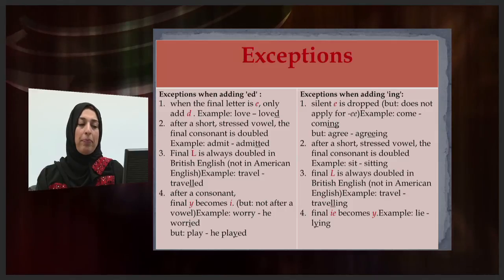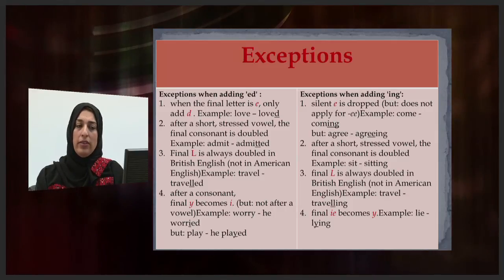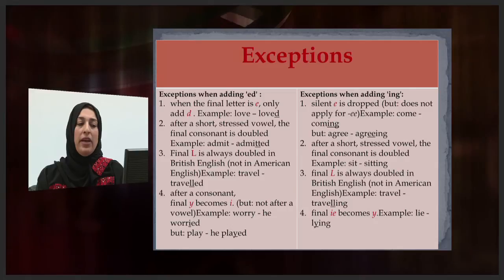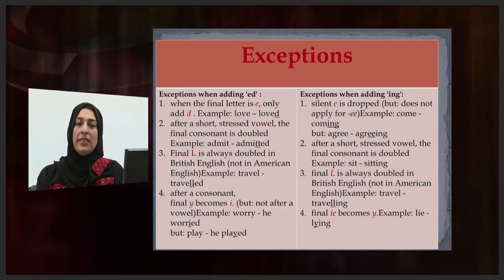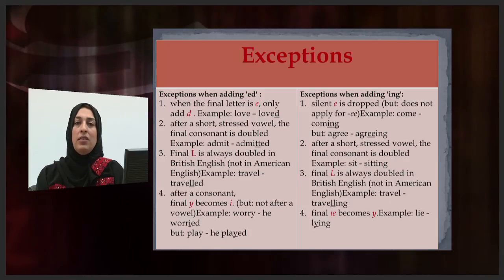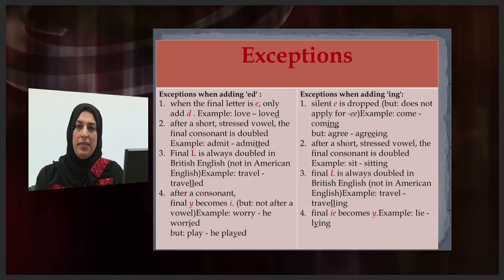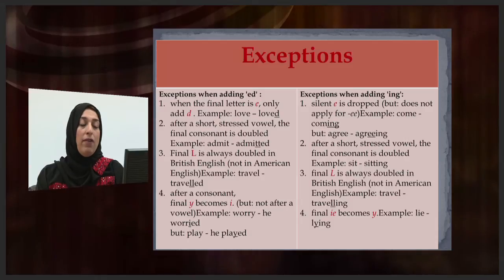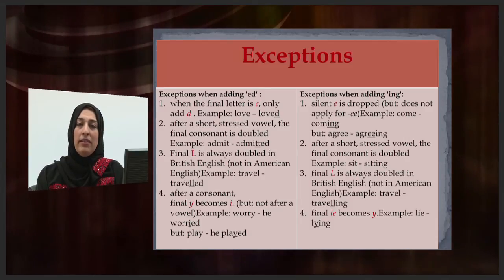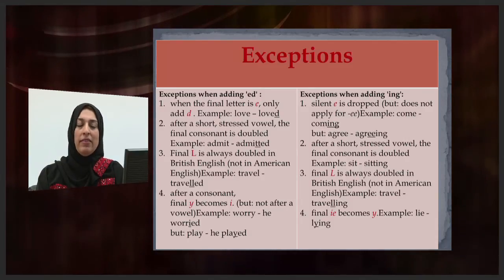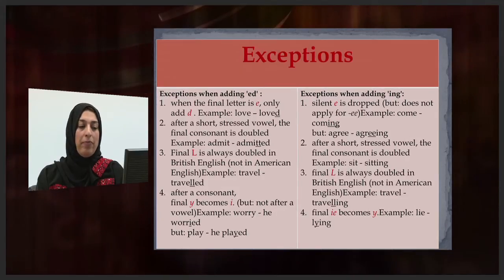Number 2. After a short stressed vowel, the final consonant is doubled. Example, the word sit becomes sitting. We double the T. 3. Final L is always doubled in British English, but not in American English.